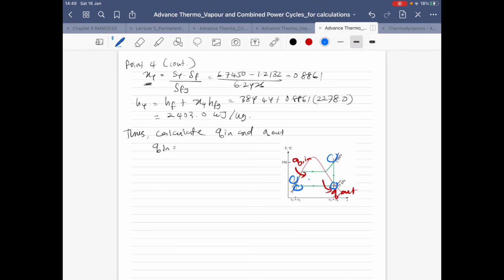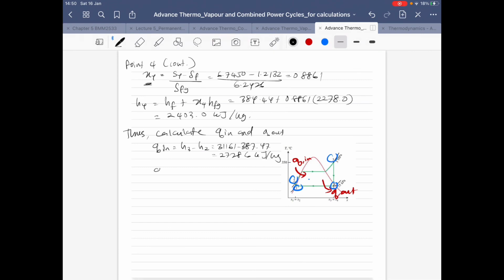That's why kalau Q in kita calculate lah. Kita calculate untuk Q in adalah H3 minus H2. So 3116.1 minus 387.5 equal to 2728.6 kilojoule per kilogram.